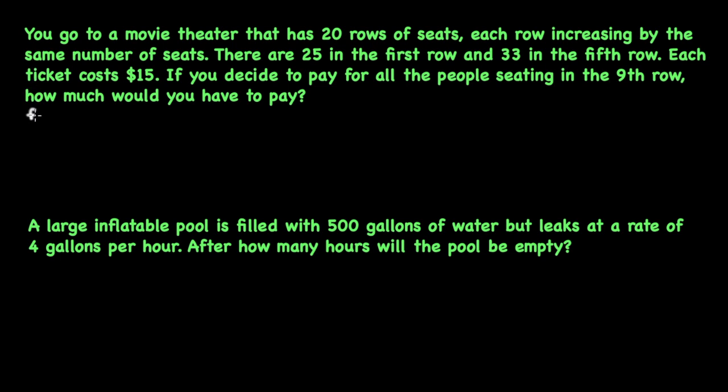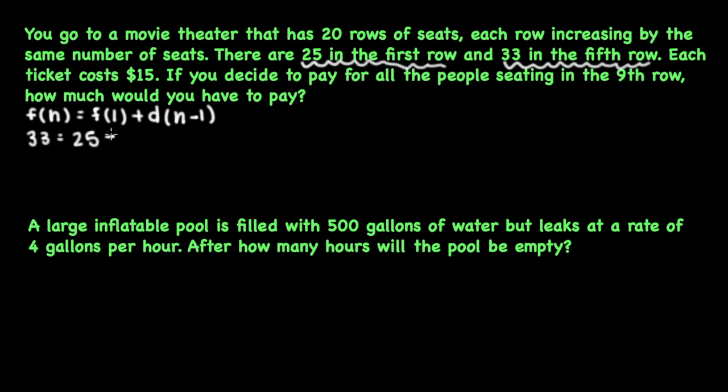Remember that the explicit formula is f of n is equal to f of 1 plus d times n minus 1. So if we set n to 5, we get f of 5, which we know is 33 because there's 33 seats in the fifth row. f of 1 is given to us, which is 25, plus d, and we set n equal to 5, so n minus 1, or 5 minus 1.